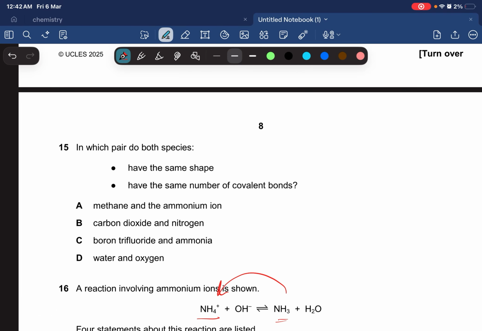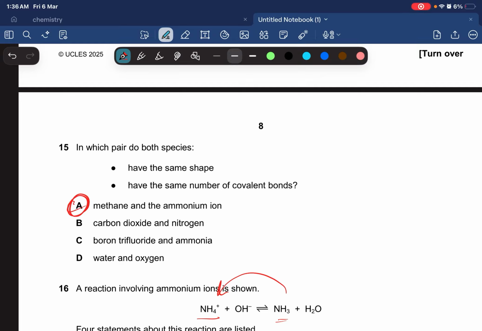In which pair do both species have the same shape and the same number of covalent bonds? Water and oxygen, boron trifluoride and ammonia, carbon dioxide and nitrogen, methane and ammonium ion. The same shape, the same number of covalent bonds. A, methane and ammonium ion.